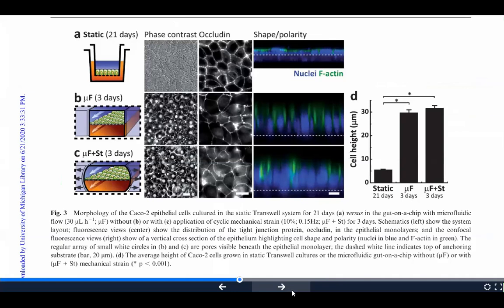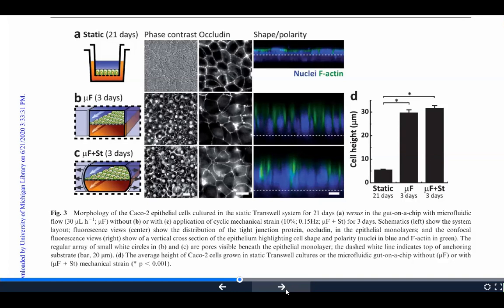And then they considered three different groups. One was the static group that used the conventional transwell static device for the culture of the epithelial cells, and these Caco-2 cells commonly must be cultured in the transwell for almost 3 weeks or 21 days to exhibit differentiated intestinal barrier function.